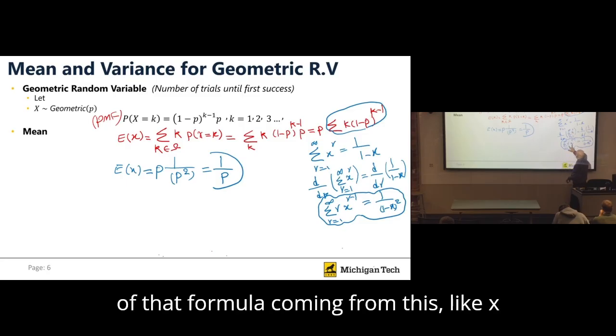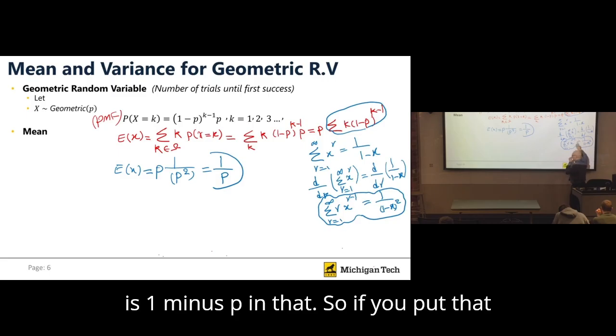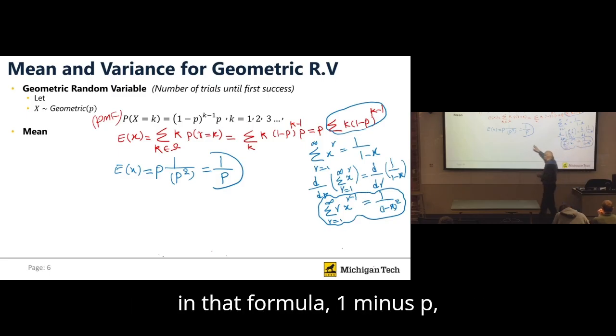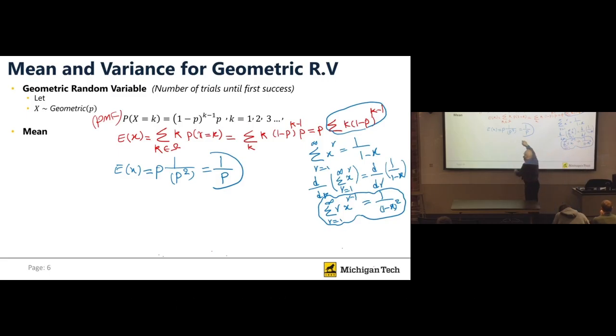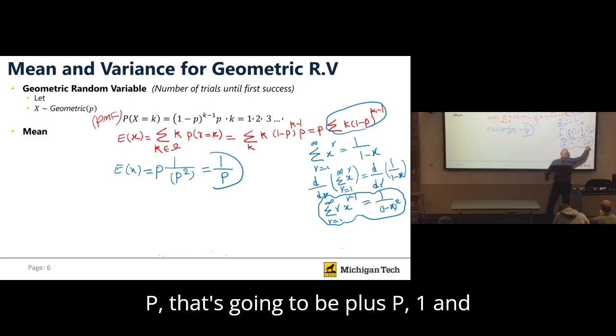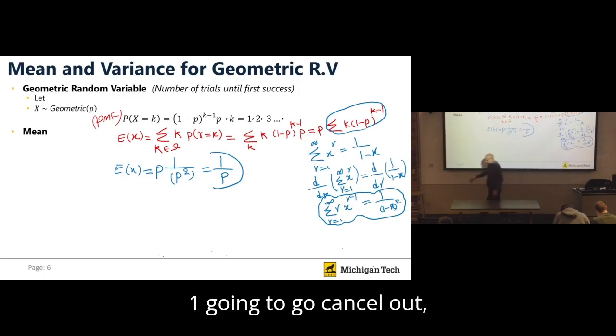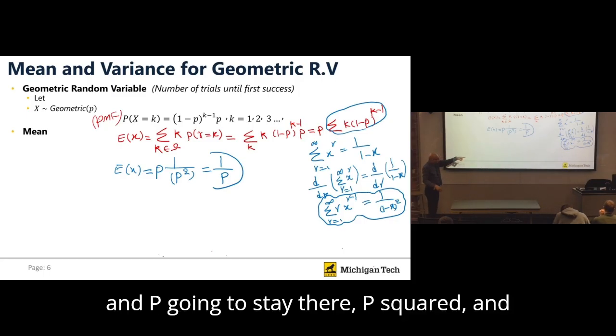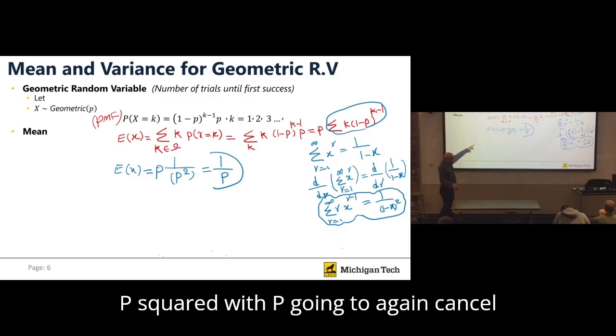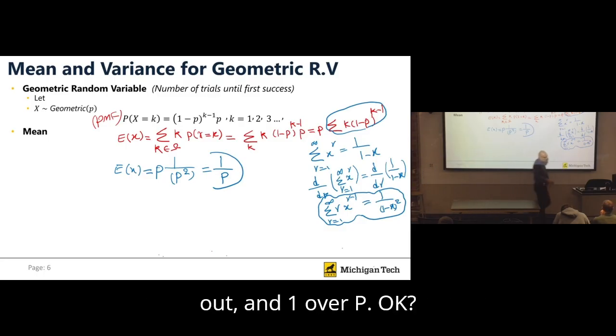The result of that formula comes from this, where x is 1 minus p. So if you put that in that formula, 1 minus p, 1 minus 1 minus p, that is going to be plus p. The 1 and 1 cancel out, and p stays there, p squared. And p squared with p again cancels out, and 1 over p.